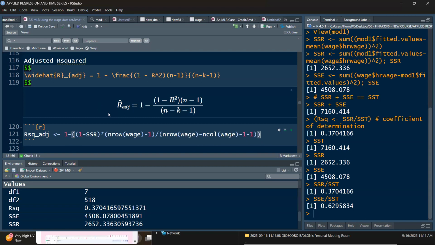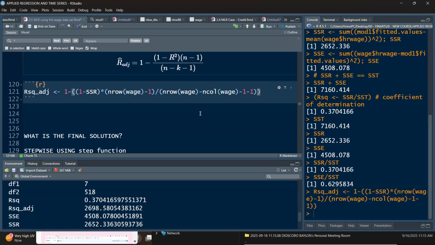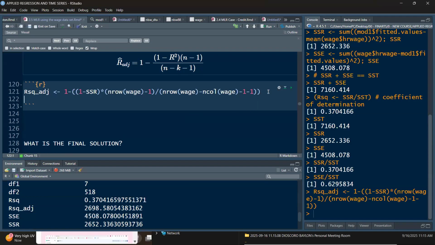Okay, so 1 minus R squared times n minus 1, everything in parentheses, divided by this whole expression n minus k minus 1, and then 1 minus, let's see, I forgot the R squared adj. Run.